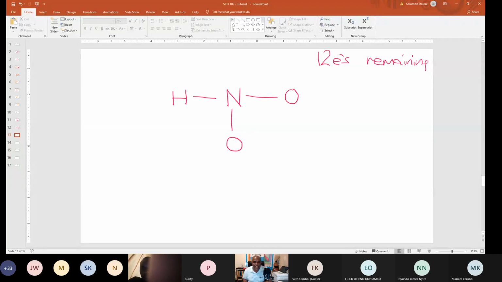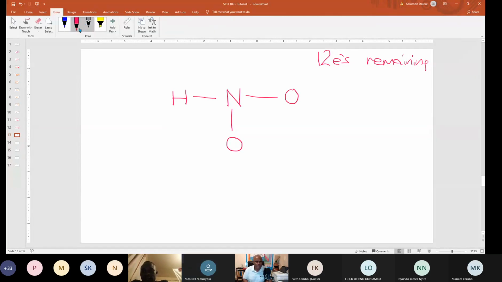How many additional electrons does each oxygen need to have an octet? 6. We have 12 electrons, and each of them needs 6. So I put the 6. Let me use a different pen.